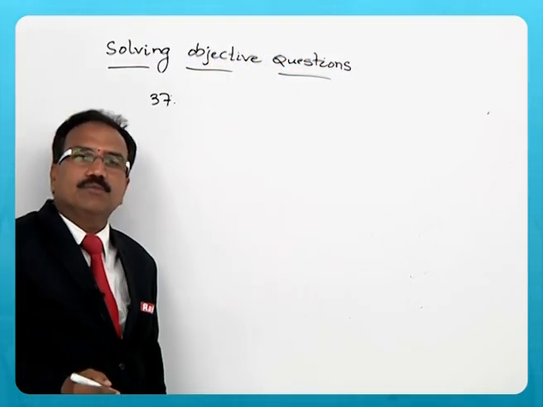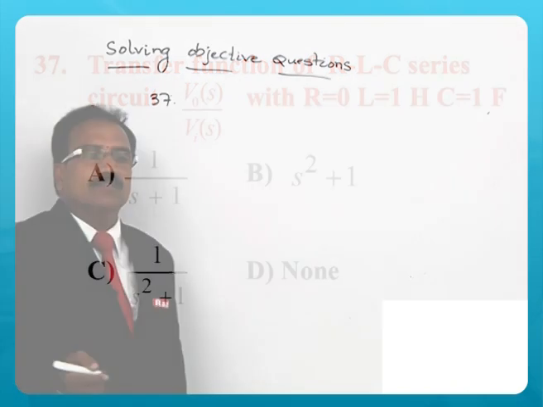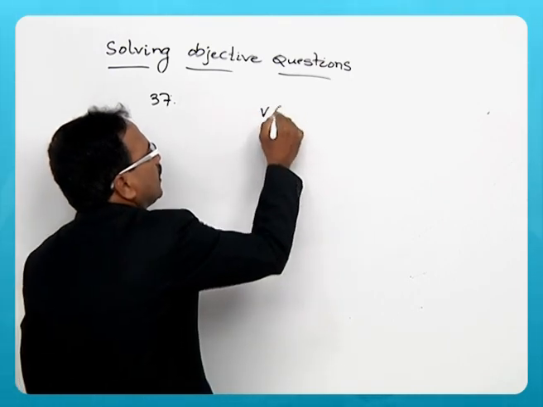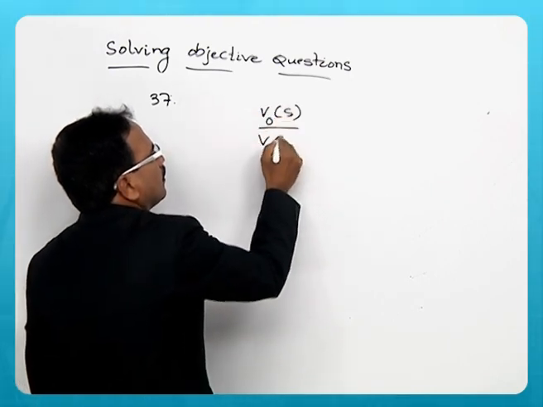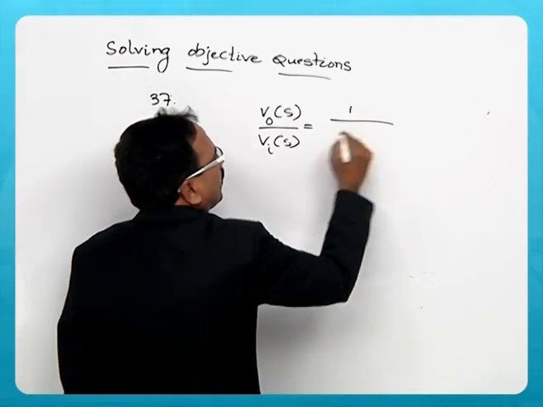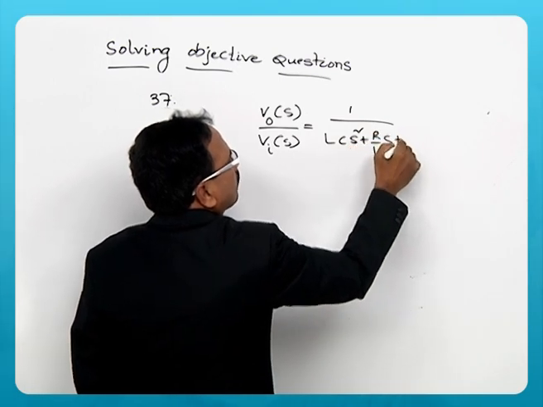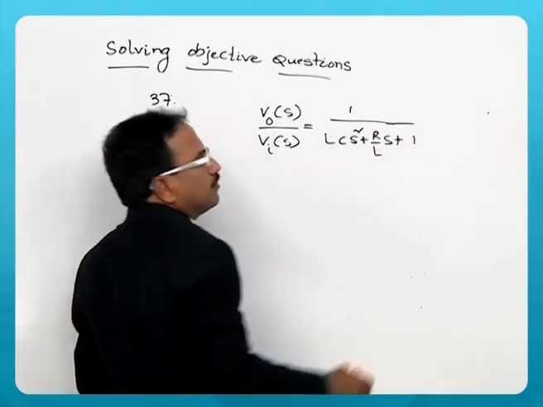Now, question number 37, transfer function of RLC series circuit. V0 of s is the voltage across the capacitor, Vi of s is the input voltage, with R equal to 0, L equal to 1 Henry, C equal to 1 Farad. The transfer function of an RLC series circuit is 1 by LC s square plus R by L s plus 1.